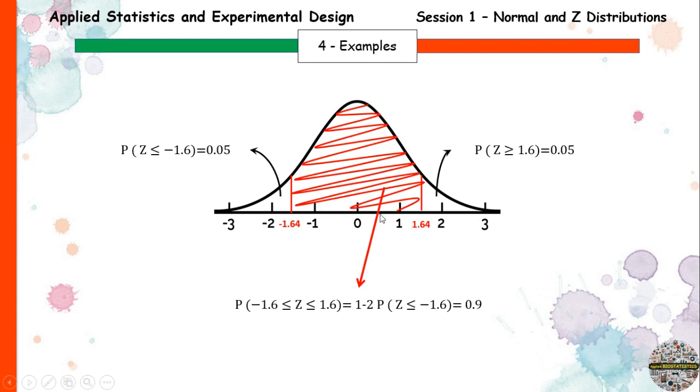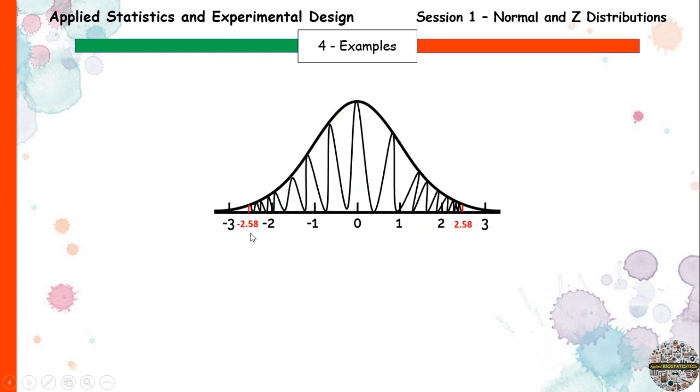So the probability of values between minus 1.64 and 1.64 is 90%.